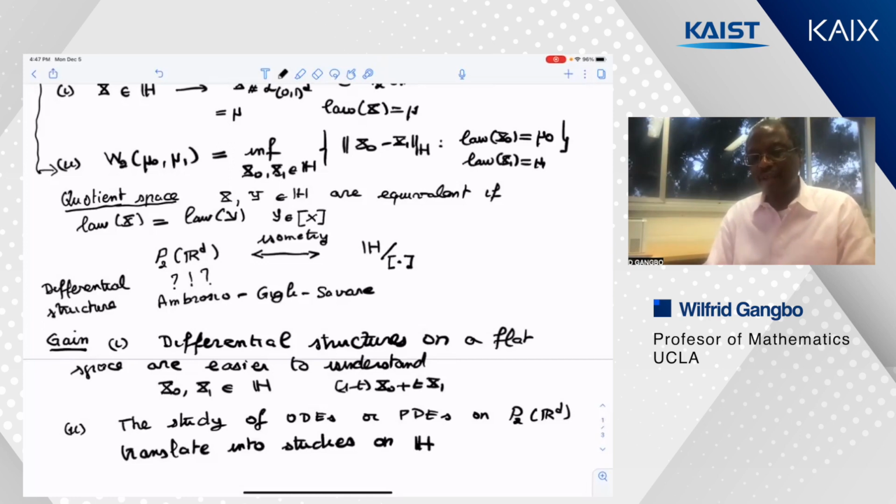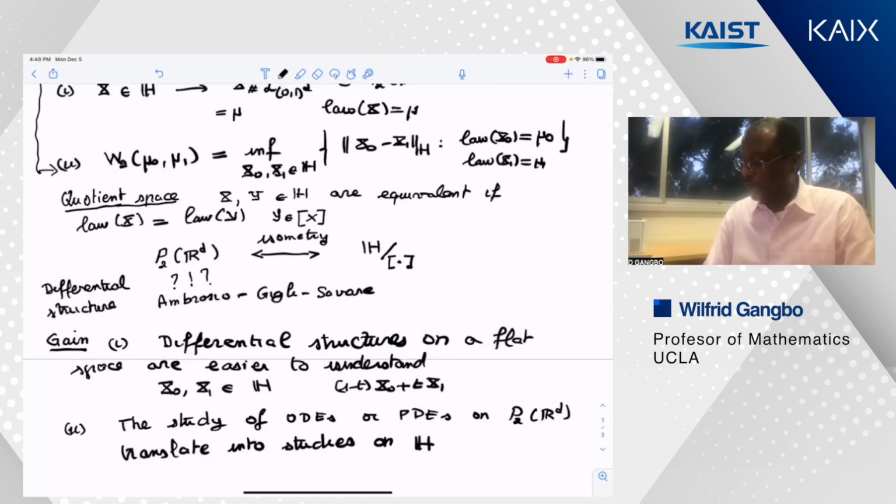For instance, when you want to study the Hamilton-Jacobi equation on the set of probability measures, a theory of Hamilton-Jacobi equations has been well developed in the Hilbert setting by Crandall and Lions.